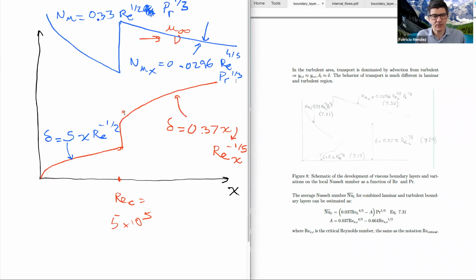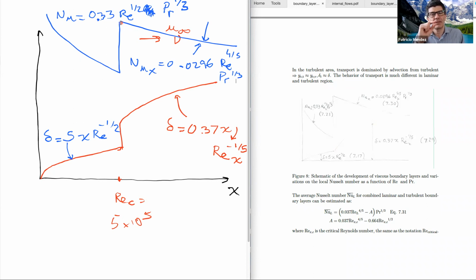The boundary layer suddenly increases in thickness, and the Nusselt number that used to decrease with the increase in thickness of the boundary layer all of a sudden also increases, because not only do we have a thicker boundary layer, but we have an enhanced transport process because of the advection that is induced by the turbulence, right?